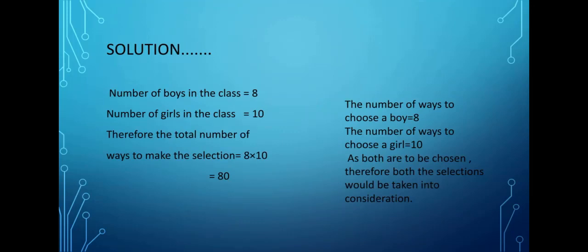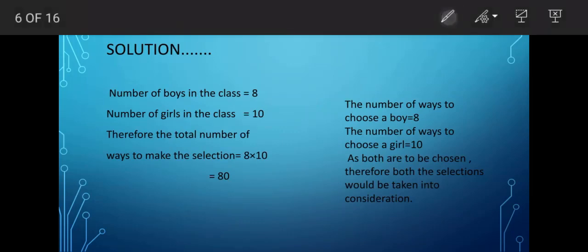Now in the solution part of this question, the number of boys in the class is 8. The number of girls in the class is given to be 10. Now this is the note to be taken into consideration. The number of ways to choose a boy is 8.